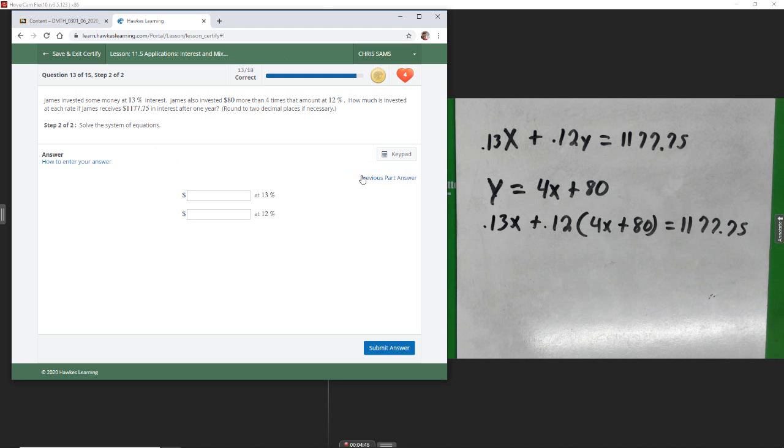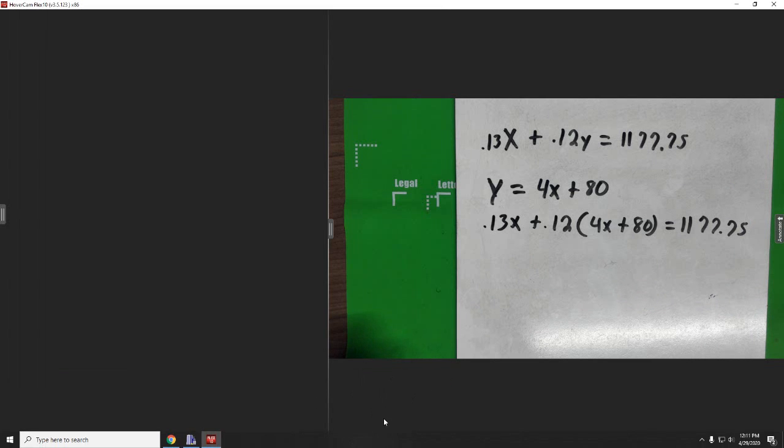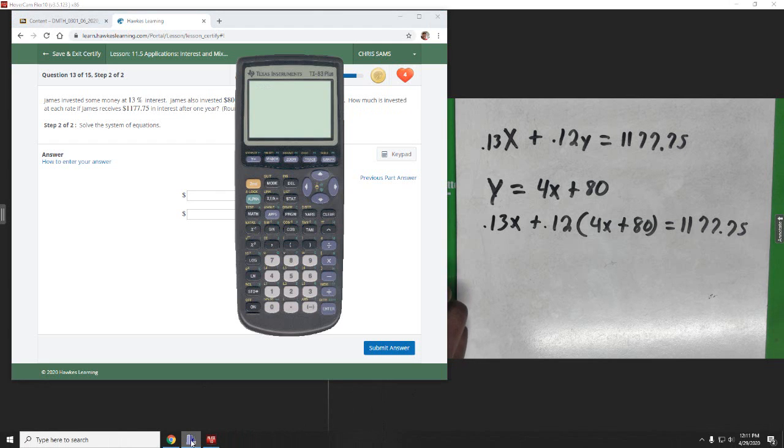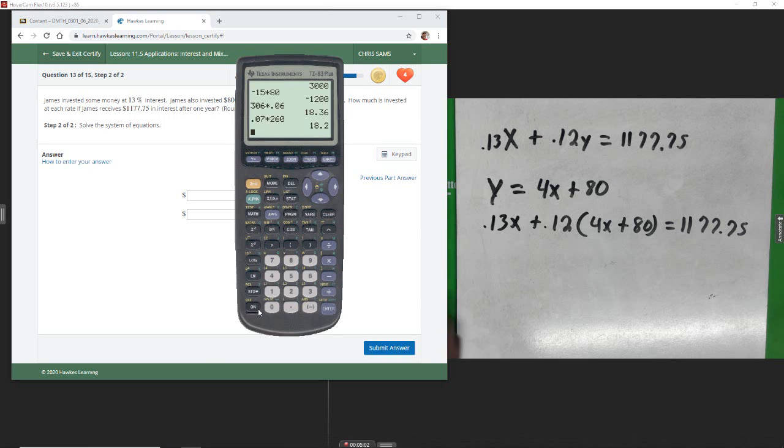Let's compute those values. Okay, so we're going to do 0.12 times 4, and that gives us 0.48x, and then we're also going to do 0.12 times the 80, and that gives us 9.6.